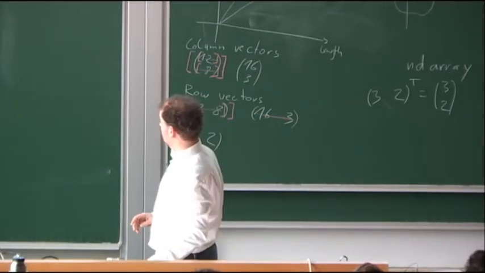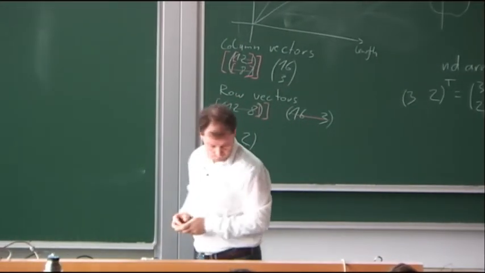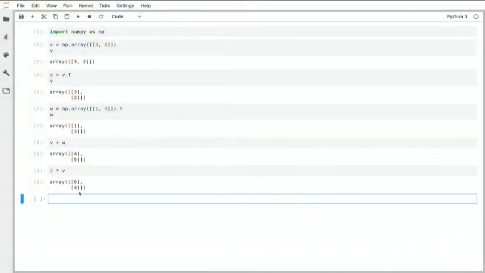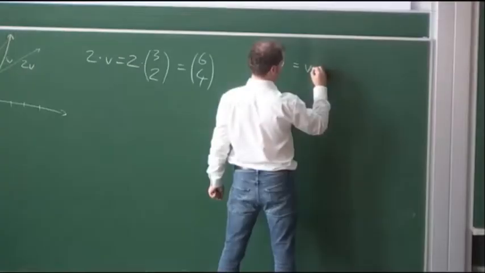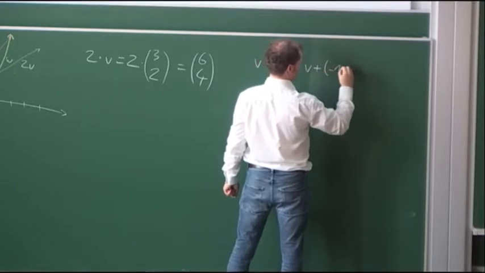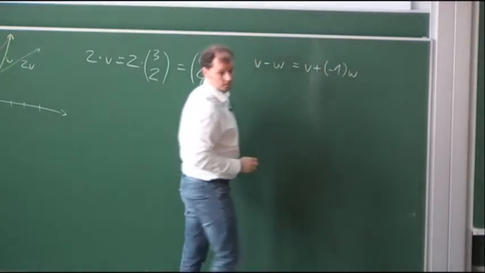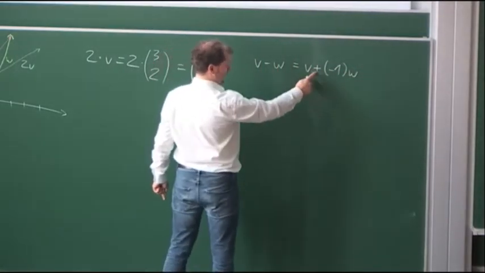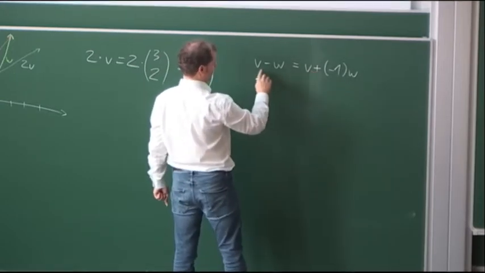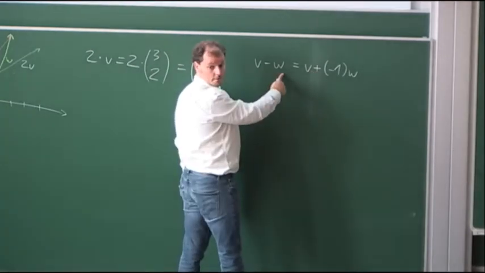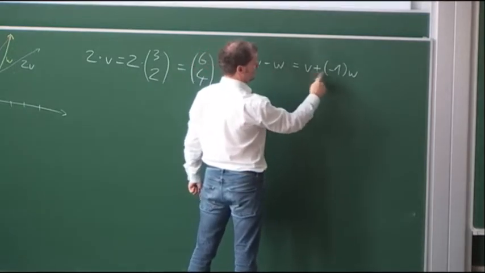Then we can also subtract vectors. If we want to calculate v minus w, one trick is to say this is the same as v plus negative 1 times w. So we are back to vector addition. I think that's clear, right? That v minus w is v plus negative 1 times w.